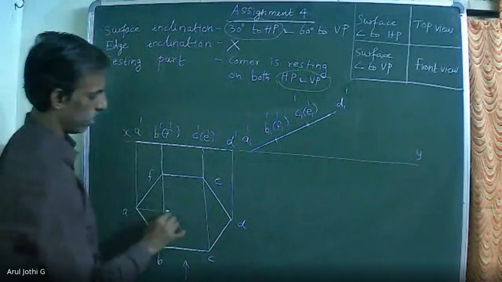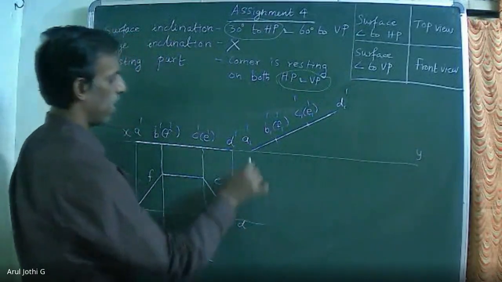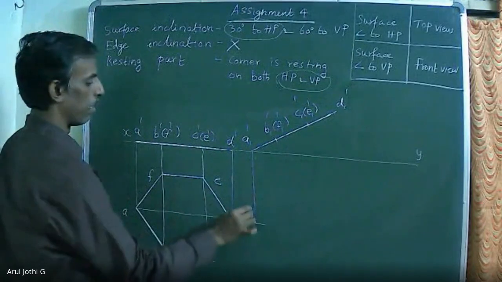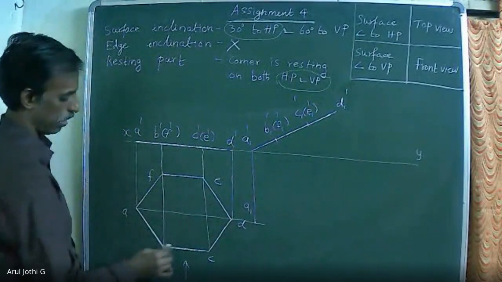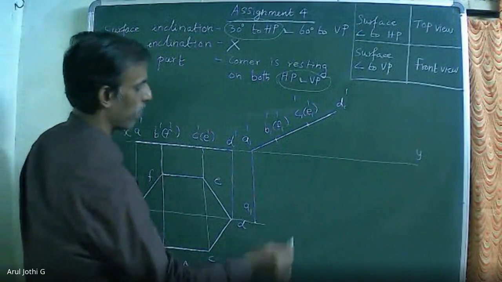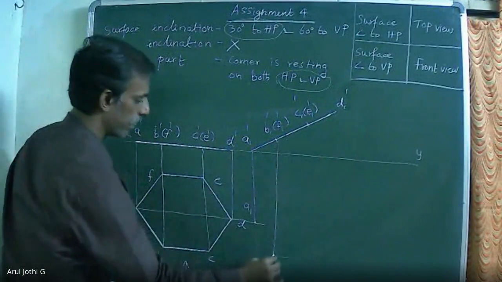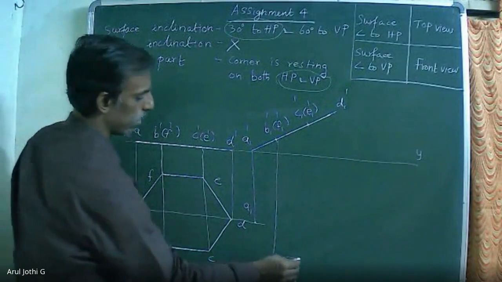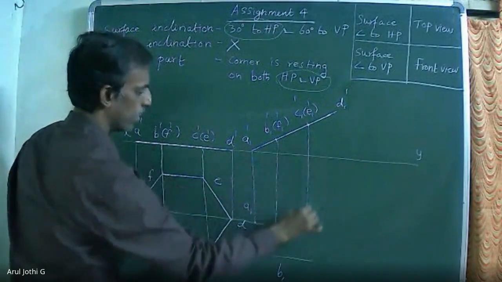Now using the initial top view and the second stage front view, I am going to draw the apparent top view. Extend the corner point B, B1 dash. Extend the corner point C, C1 dash.